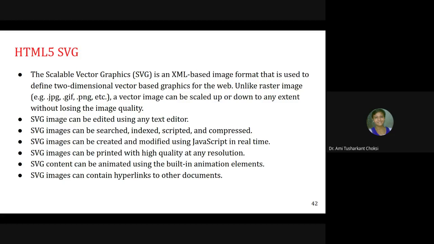But if it is SVG, scalable vector graphics, then that image can be scaled up or down to any extent without losing the image quality. That's the very good or great feature of SVG.